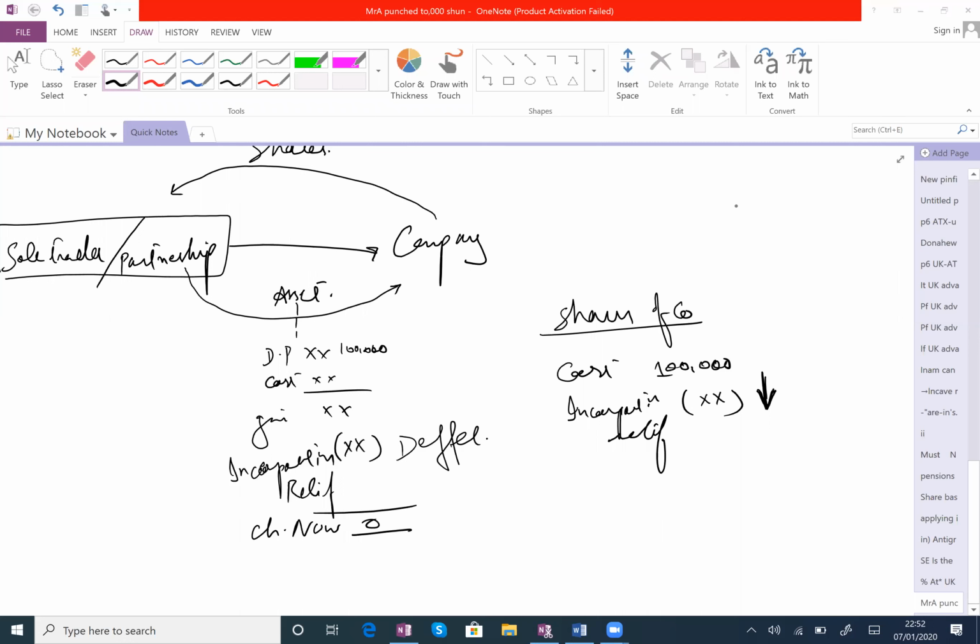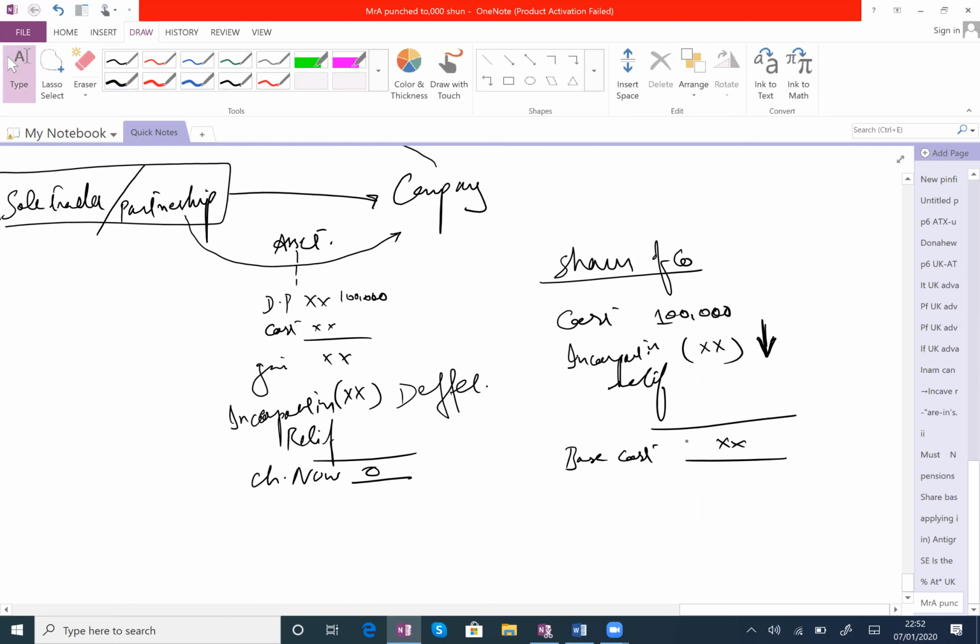Increased. Because when you reduce the cost, it means future gain will be increased. So base cost of shares will be calculated. Whenever you later dispose of these shares in future, you will use this base cost.